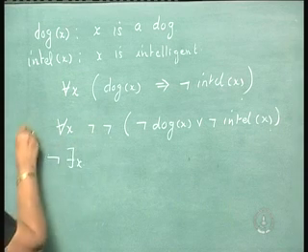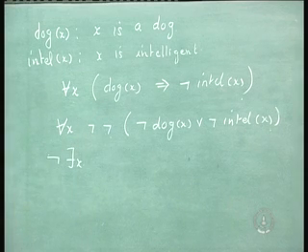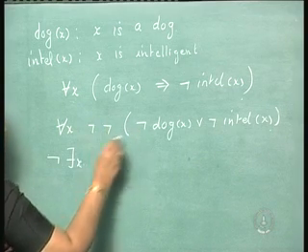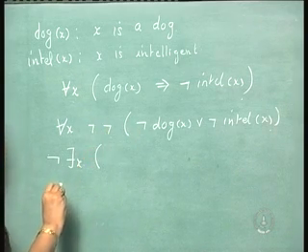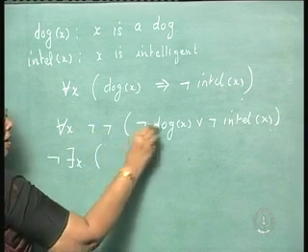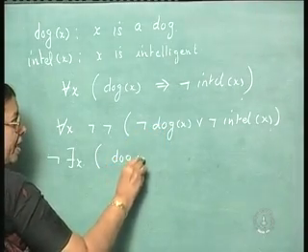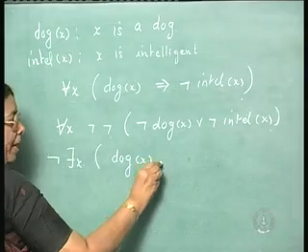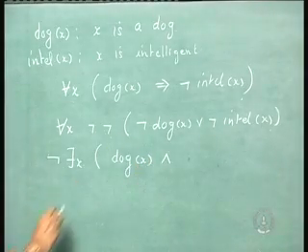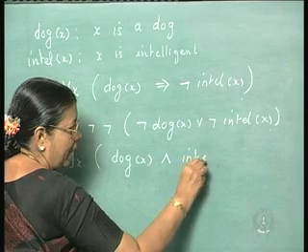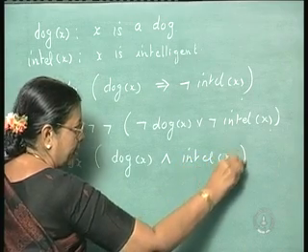When you bring the not this side, for all will become there exists. The other not you have to bring inside using De Morgan's laws. So, not of dog of x will be dog of x, and or will become and using De Morgan's laws, and not of intel x will become intel x.